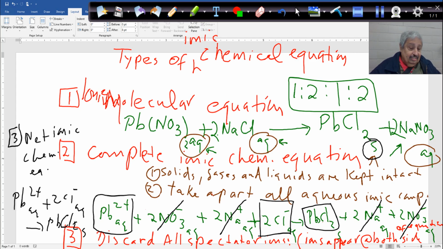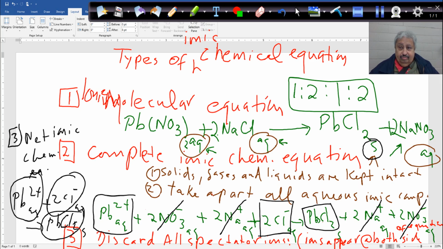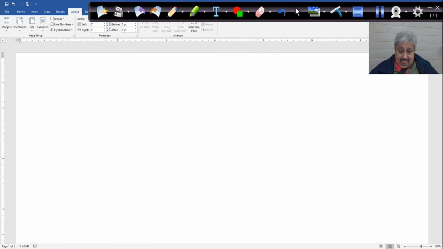The whole reaction is between lead cation and the chloride anion to give you lead chloride solid precipitate, white solid precipitate. Can I take one out? Okay, let's see here.